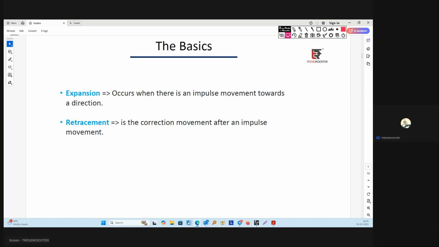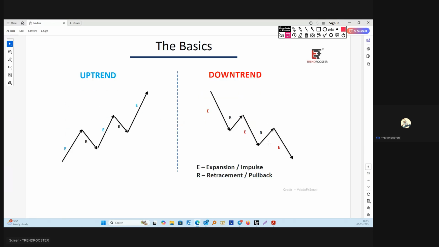I just want you to say something so that I can continue. So, what is expansion? Expansion means something is going in this direction. Then it retraces, called retracement. Again expansion, again retracement, again expansion. This is a fundamental of Dow theory, and it is trend trading.